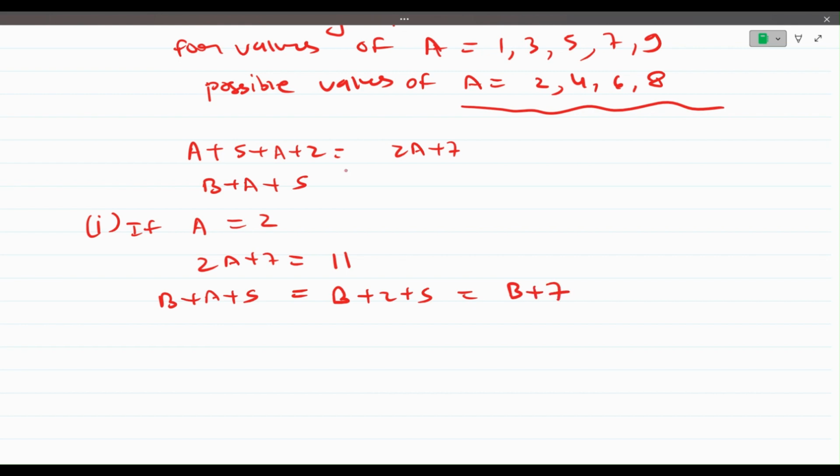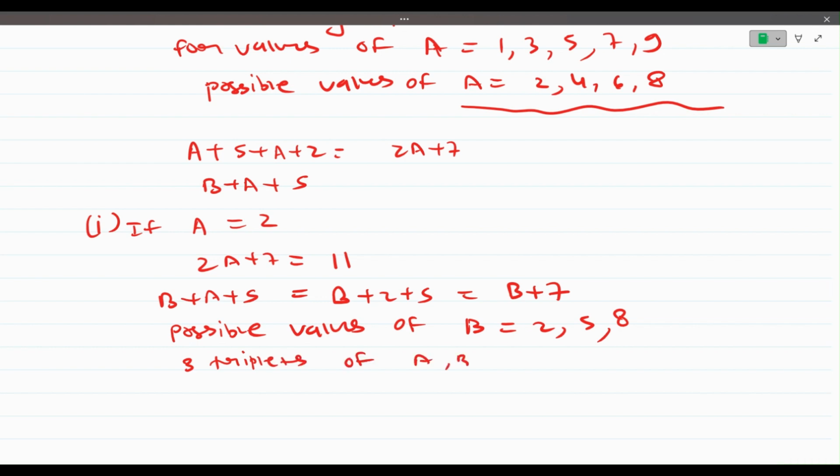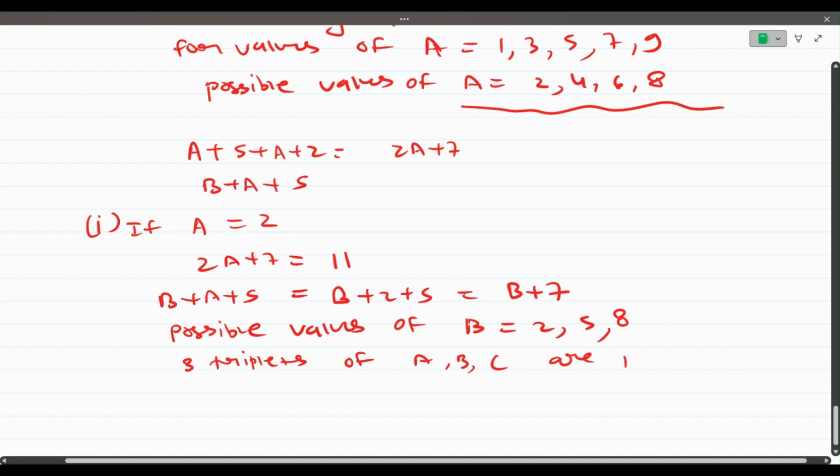Because at least one has to be a multiple of 3, possible values of B are 2, 5, 8, right? So these are three possible values. It means there are three triplets of A, B, C possible in this case.